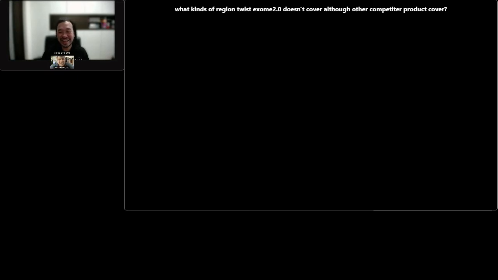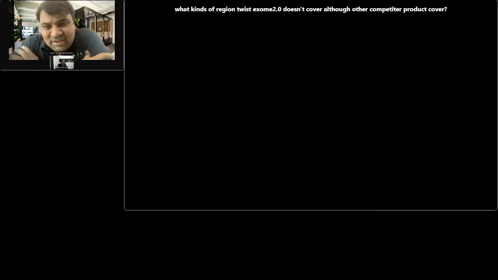Yeah, so it's kind of difficult to really show all the differences between the competitor product and Twist Exome 2.0, but we cover 99.9% of everything the other competitors' products cover.